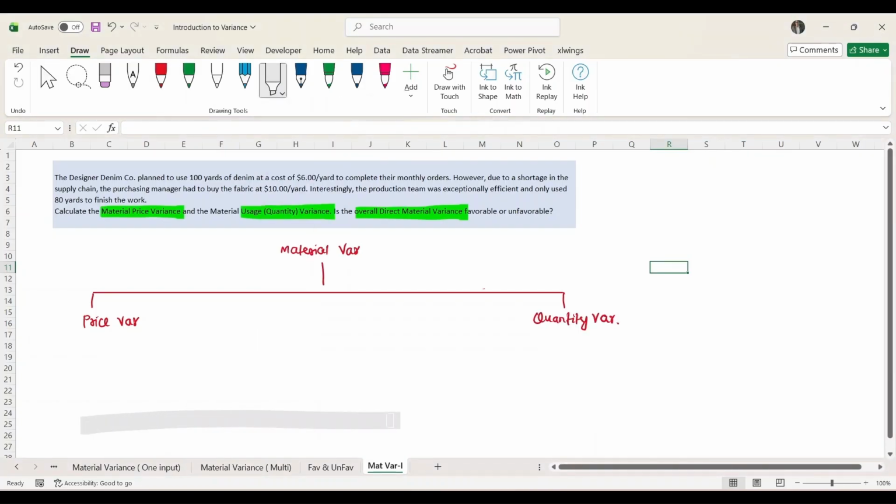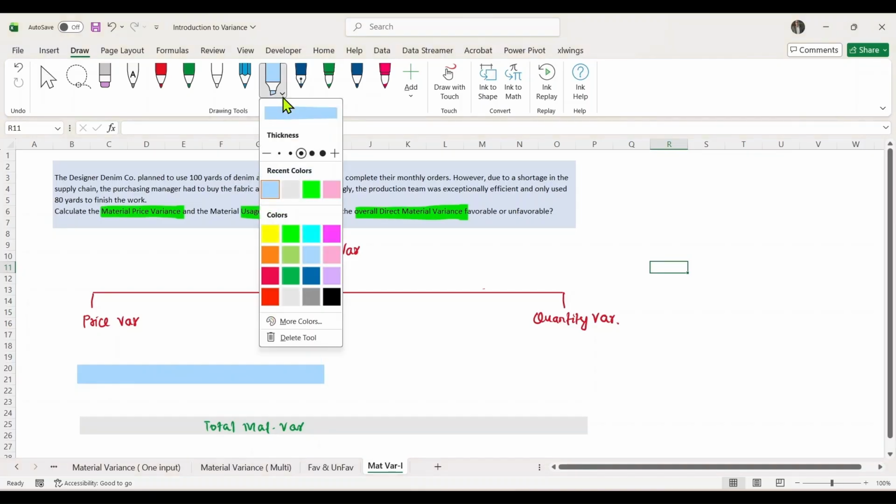And this gap is the entire gap, and this is called the total material variance. And in between we'll have this part, which is the price variance, and this part will be the quantity variance.